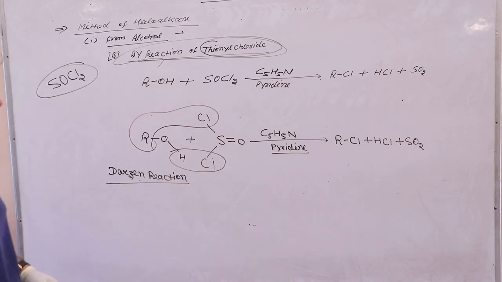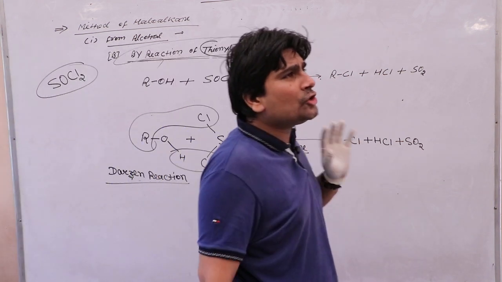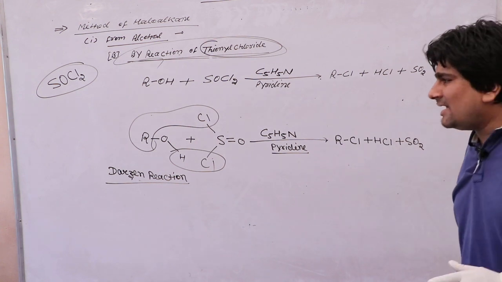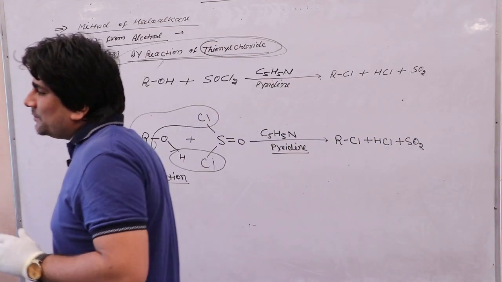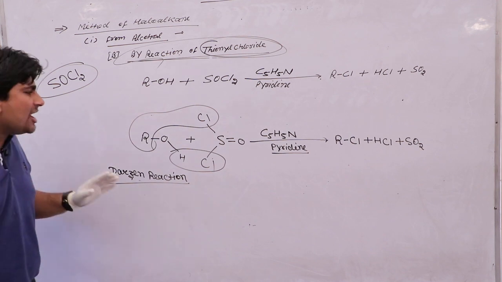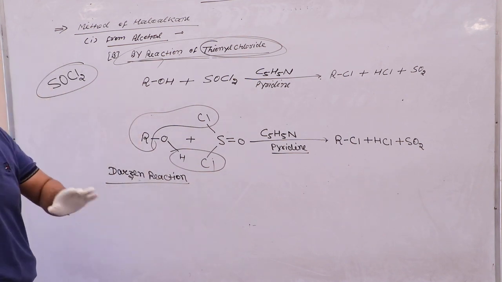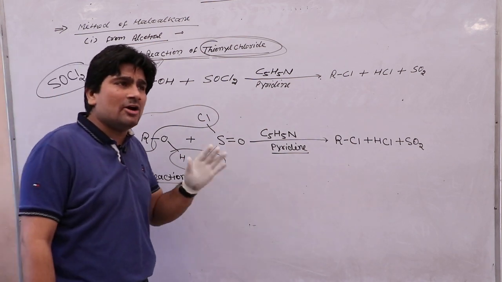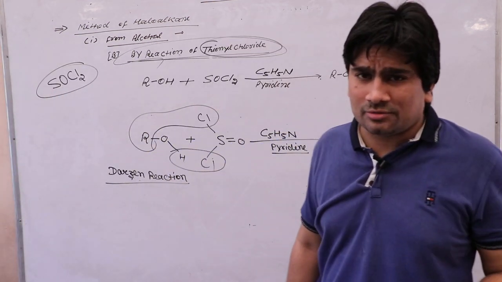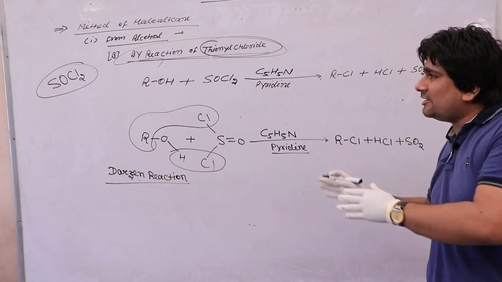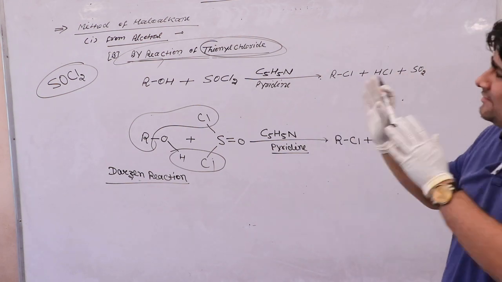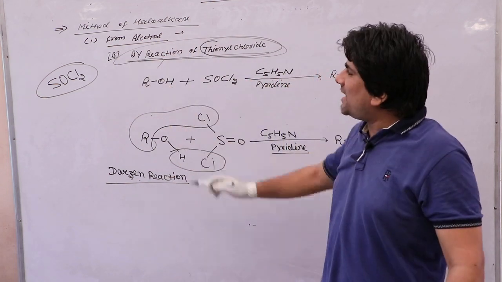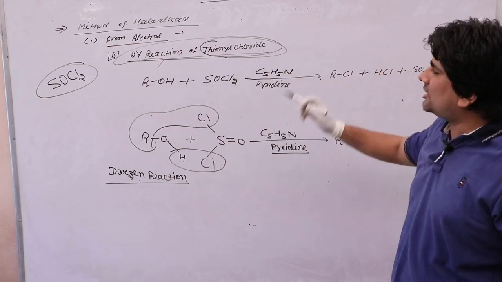In this reaction, we cannot obtain alkyl bromide and alkyl iodide, because thionyl bromide is unstable and thionyl iodide is unknown.